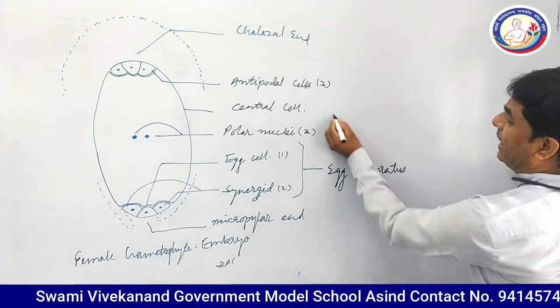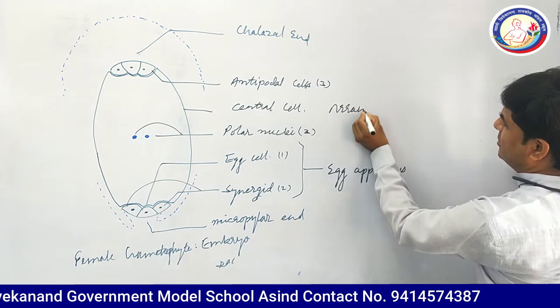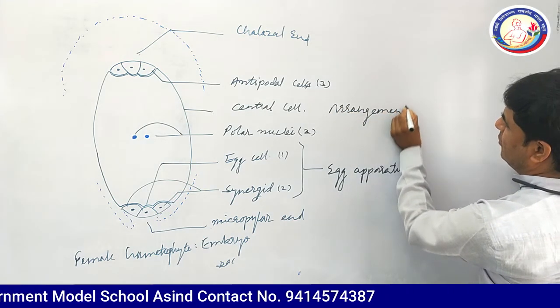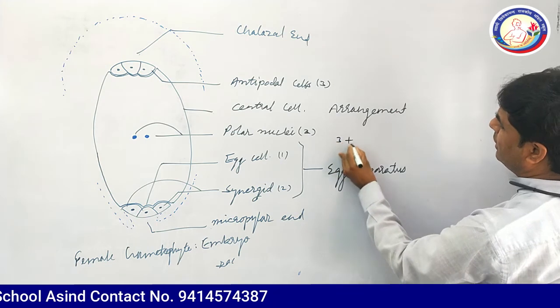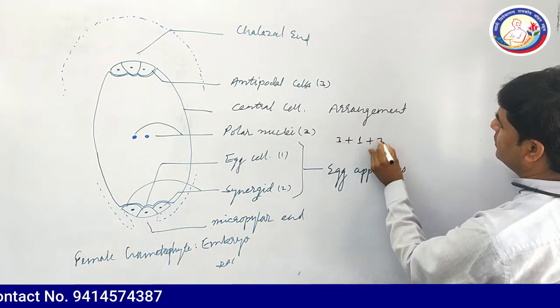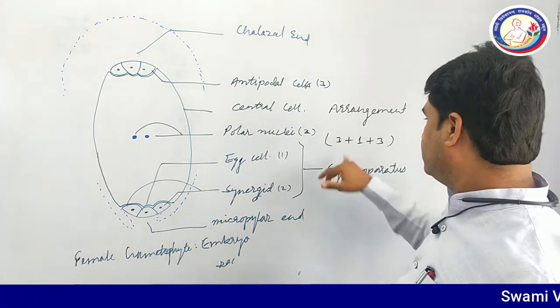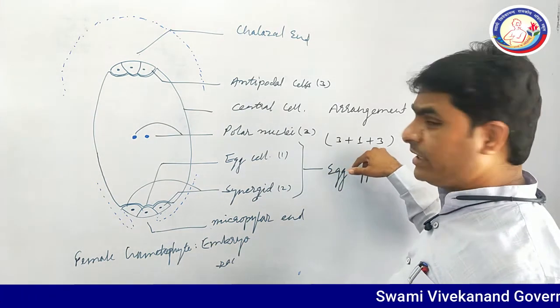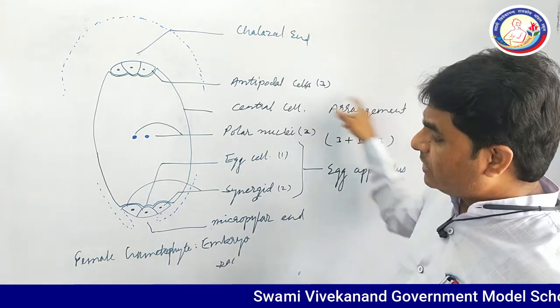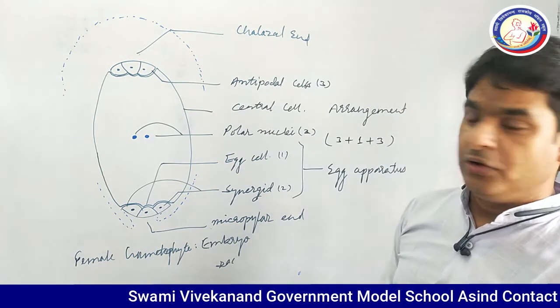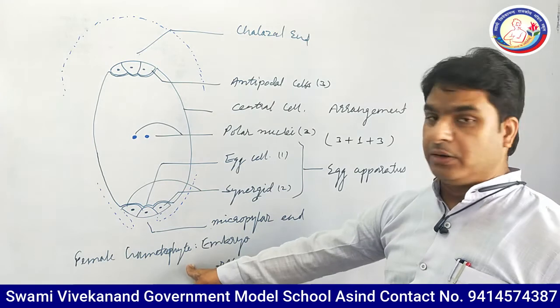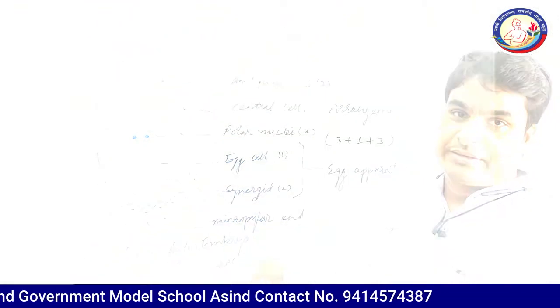Its arrangement is 3 plus 1 plus 3. Many times this question is asked by the board. So this is about the female gametophyte, and another name of this is embryo sac.